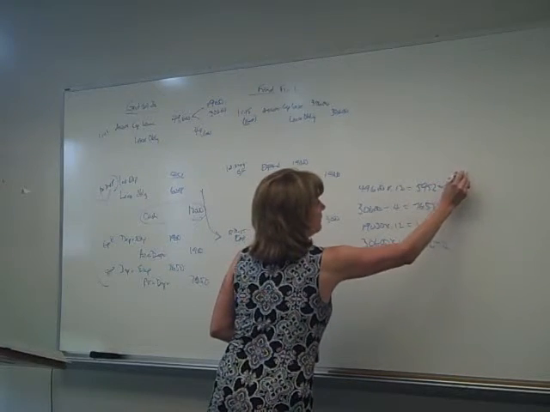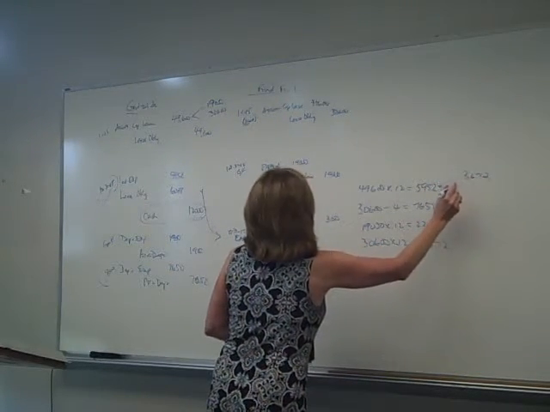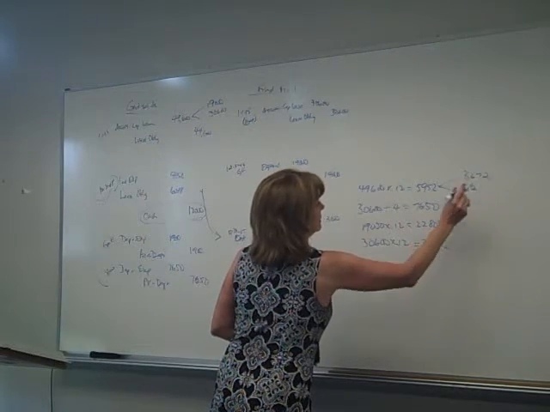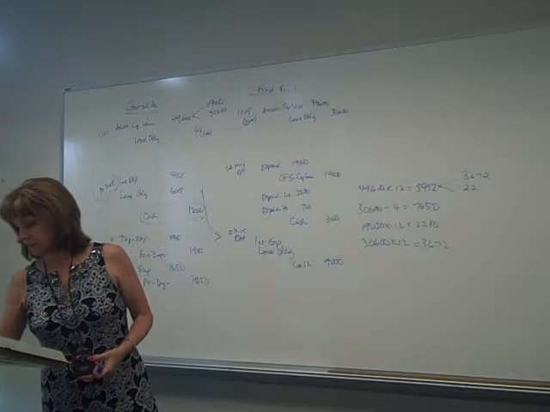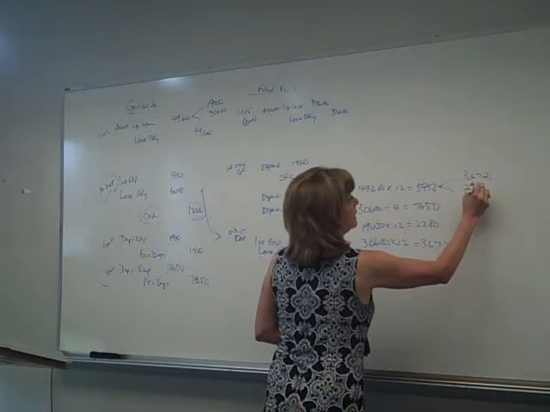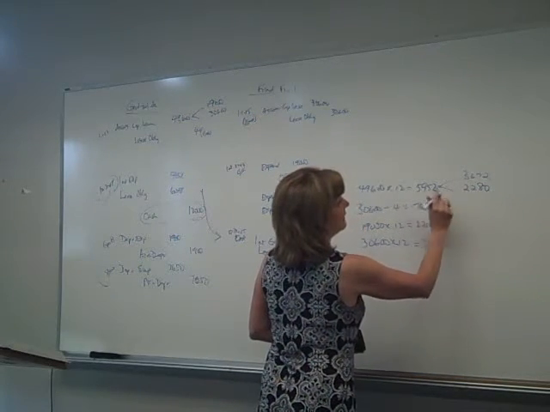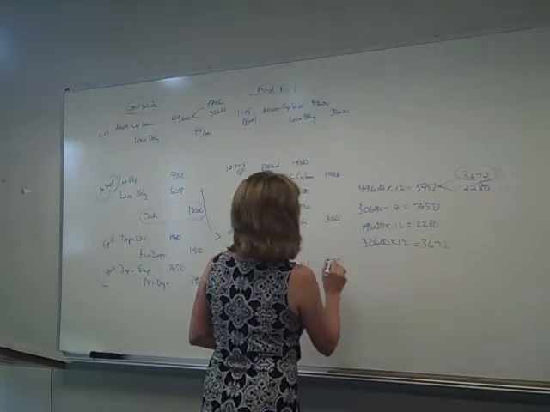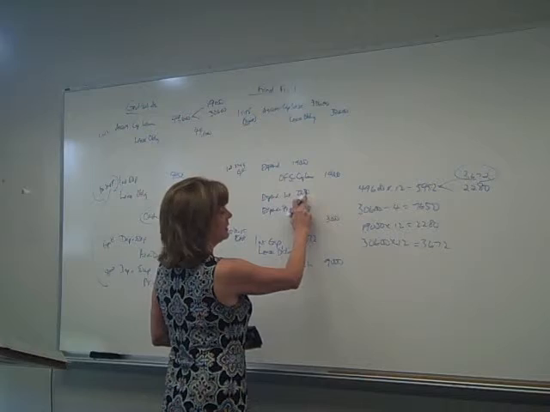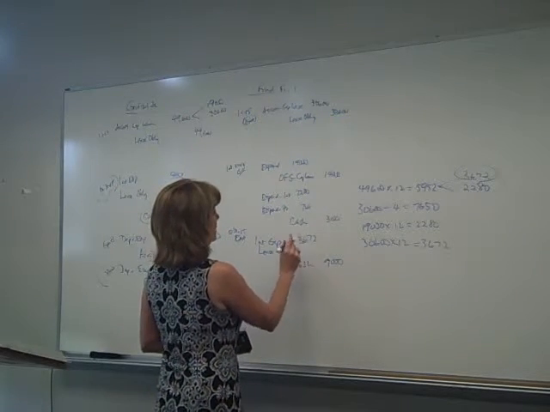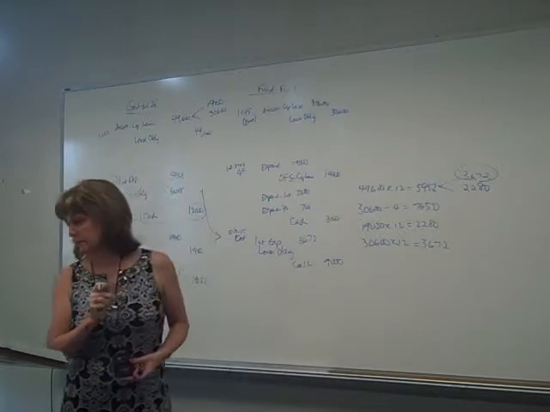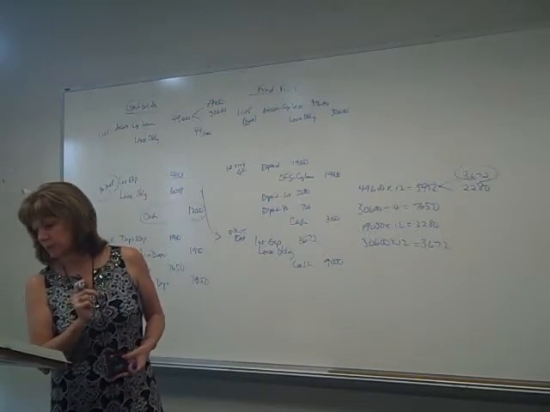So here you have 3,672, and you also have 2,280. Okay, 5,952. That 3,672 is going to go right here. The 2,280 was just an expenditure on interest. And then 9,000 minus 3,672 is the amount of principal, which is 5,328.